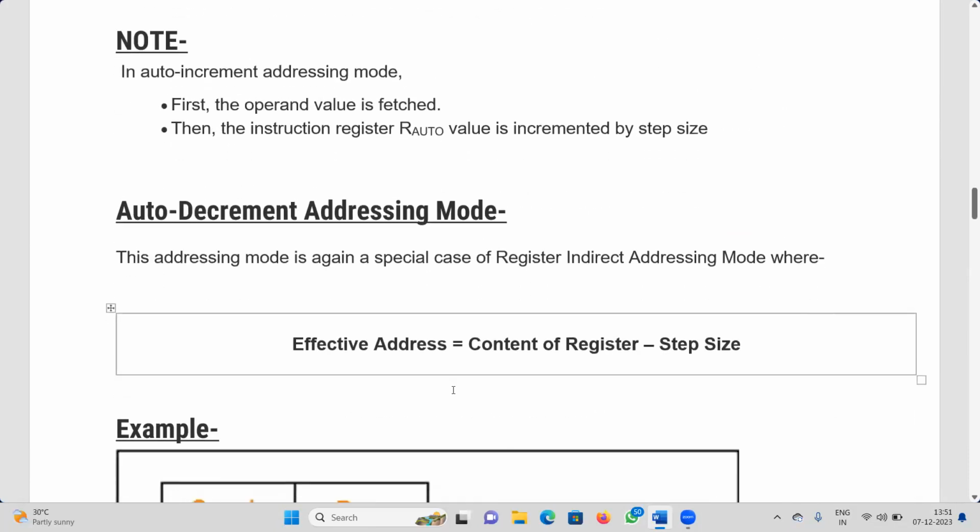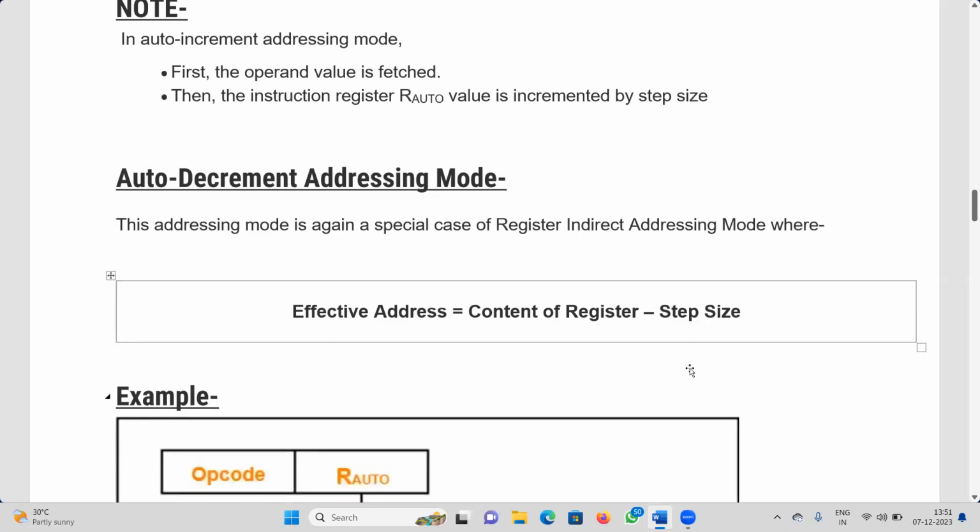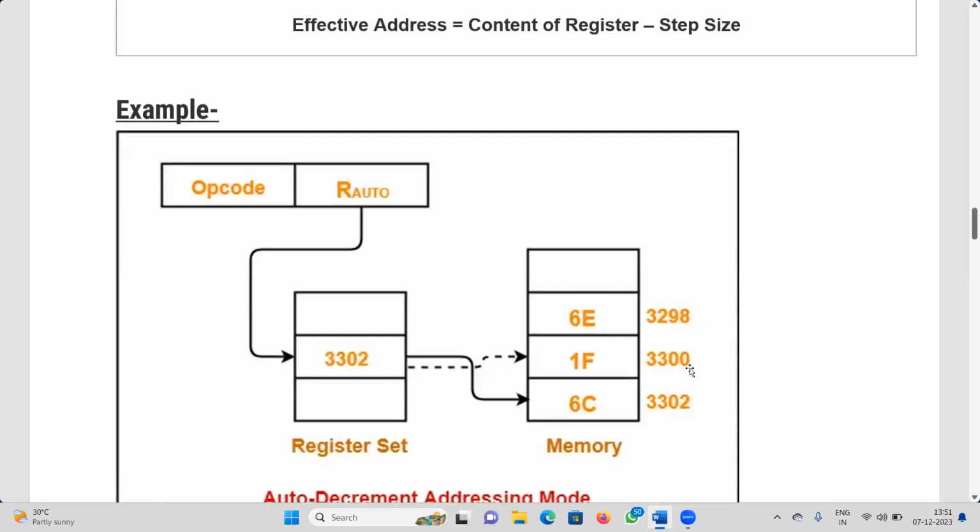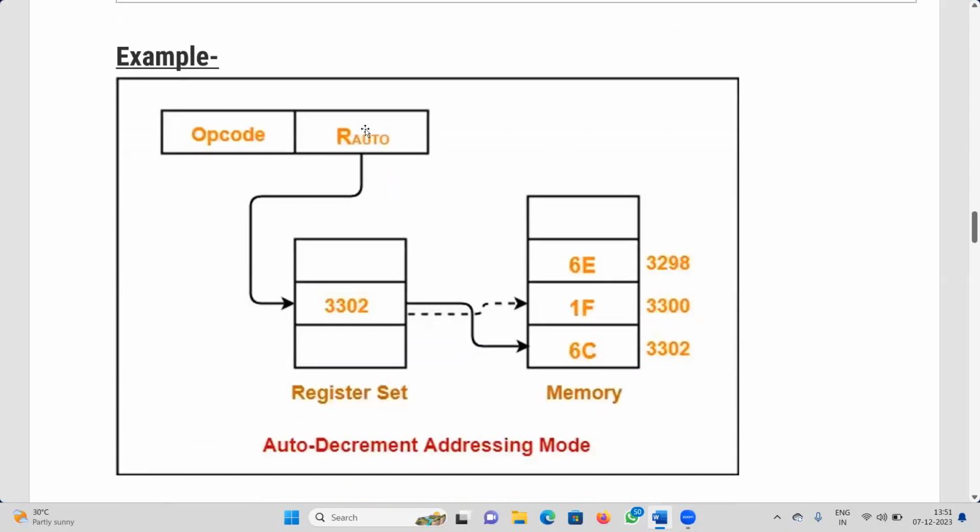Then the next one is called auto decrement mode. In this mode, the effective address is equal to the content of the register minus the step size. Here the step size is 2 bytes. So see the diagram. As usual, the address part of the instruction contains the effective address where the operand is stored, but in this case it will be decremented by 2 bytes.